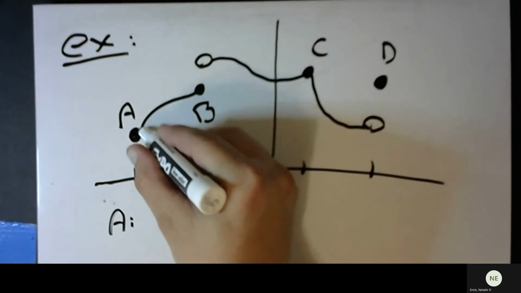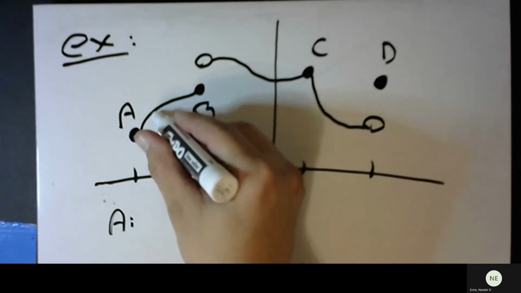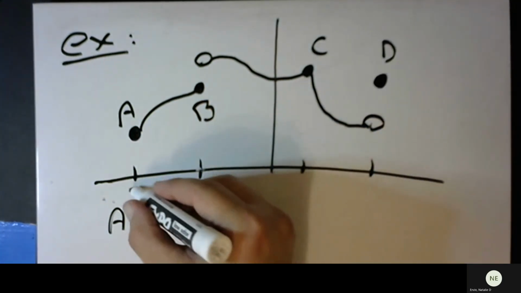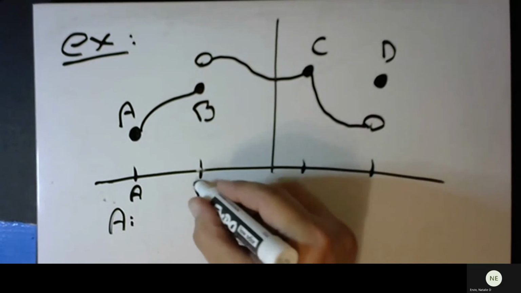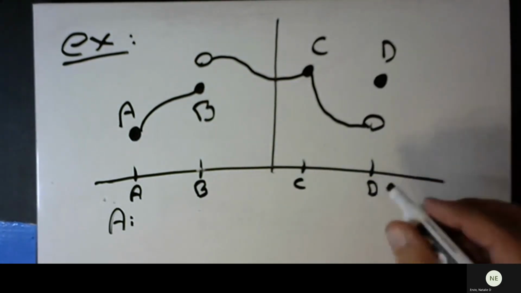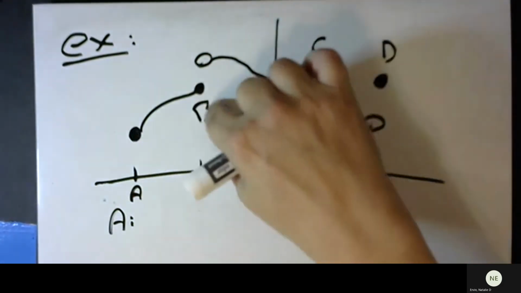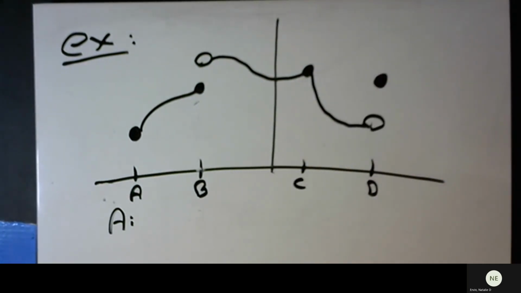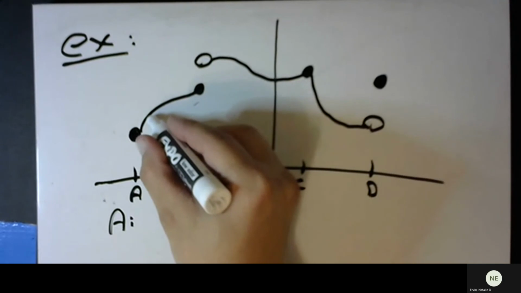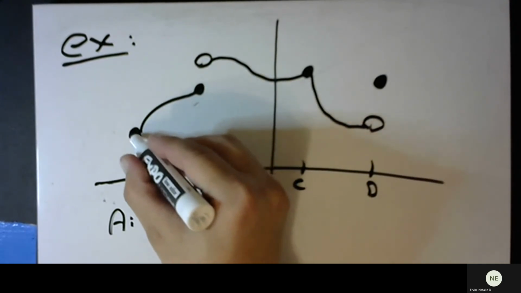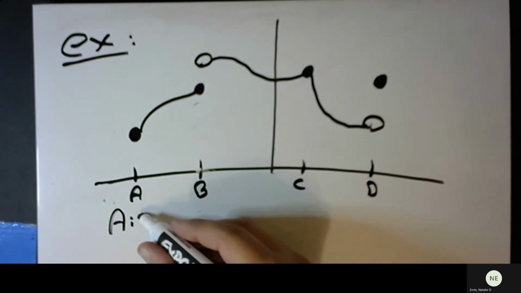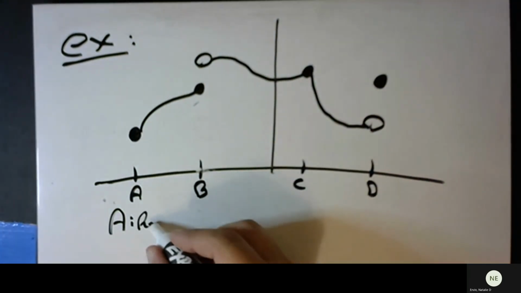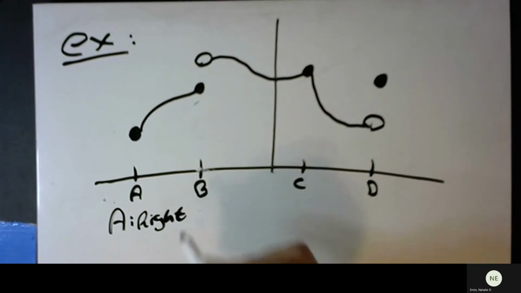And we have a limit coming from the right, and the limit from the right will equal f of A. So this is going to be right side continuous.